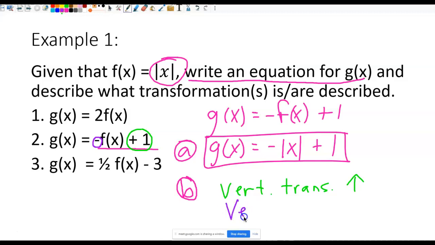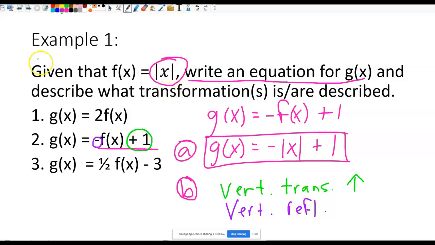That is a vertical reflection. Okay, so since this one had 2 alterations to the f, we ended up with 2 transformations. So our answer to part A is negative absolute value of x plus 1. And part B, the result was a vertical translation up and a vertical reflection.